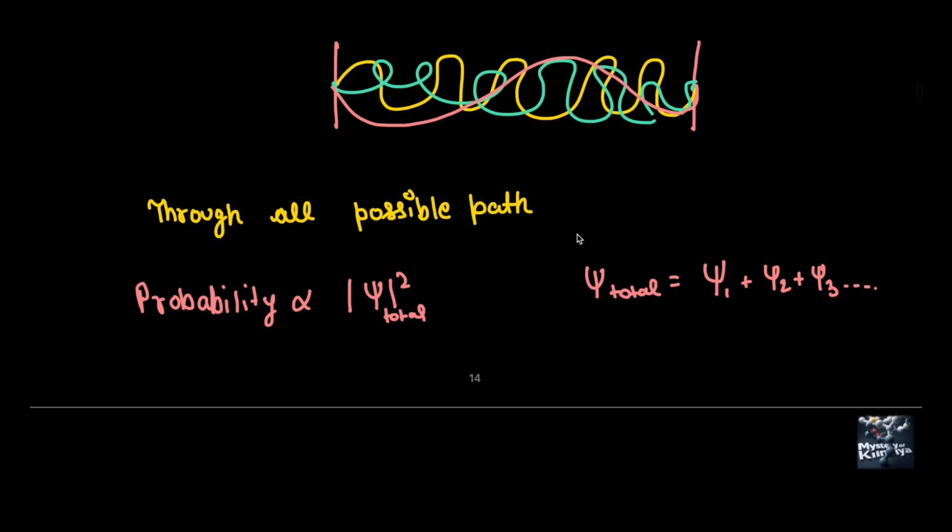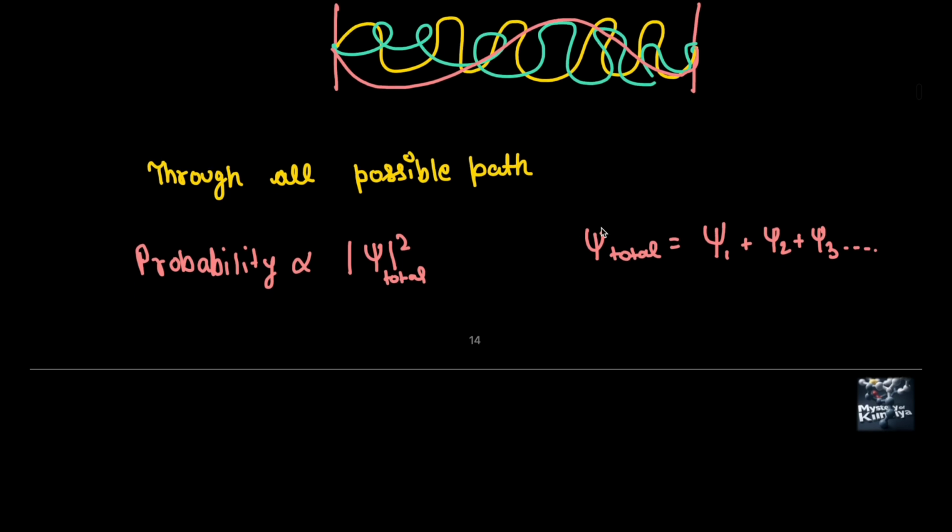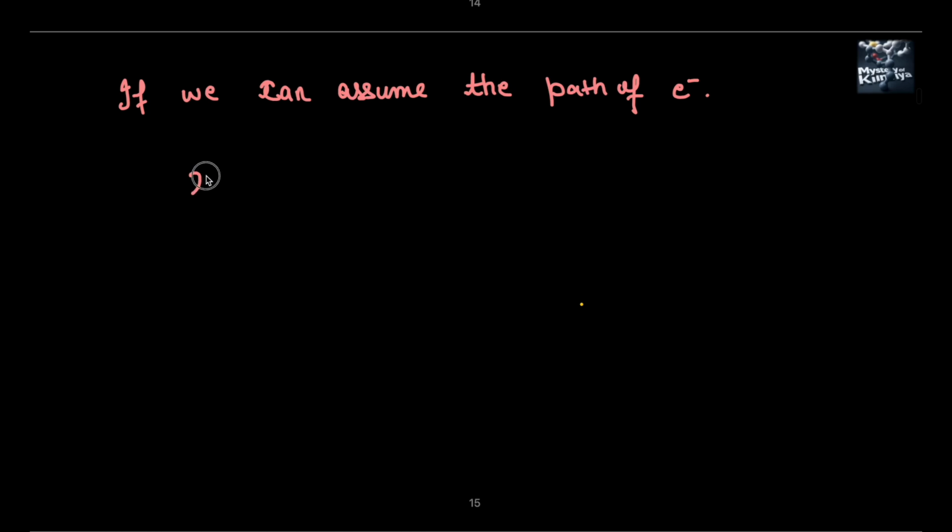To find a particular psi, we need to assume a particular path which the electron can follow. Suppose we assume the path of the electron, then with a particular time we could find its position from this equation.